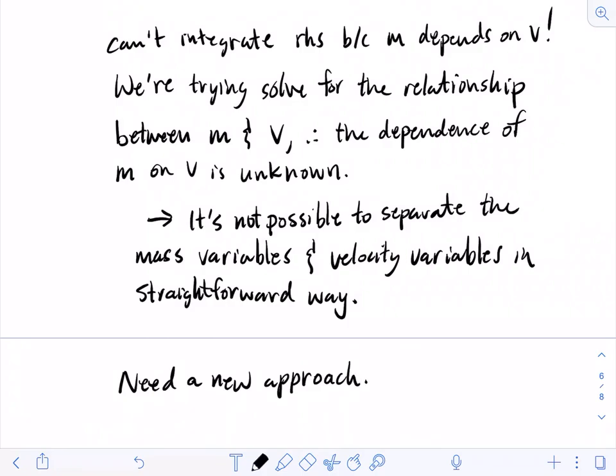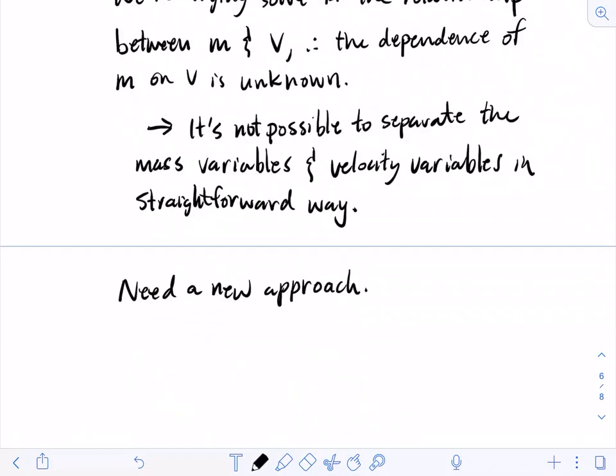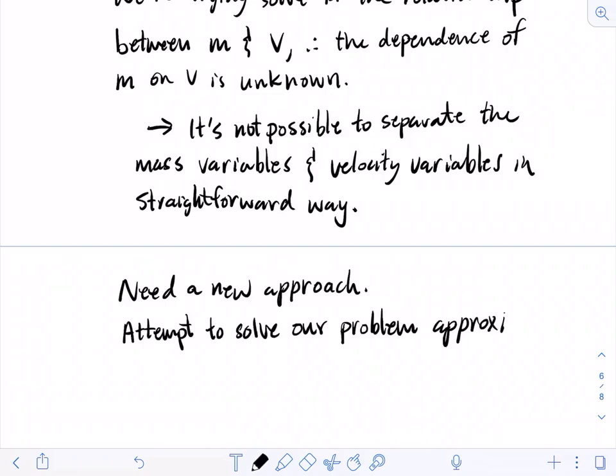And the new approach is that we're going to attempt to solve this problem approximately using numerical methods. And it'll turn out to be actually not so difficult. So the new approach is to attempt to solve our problem approximately using numerical methods.